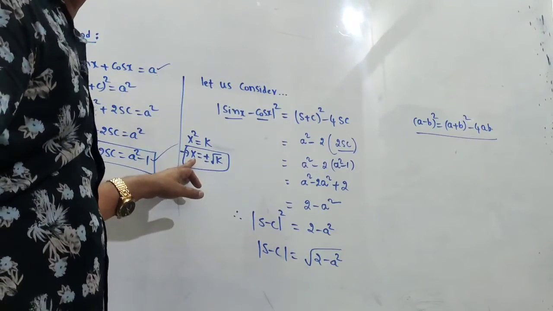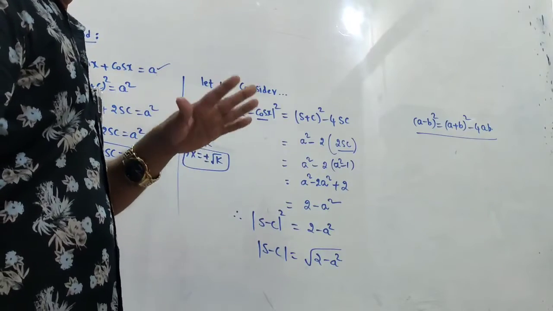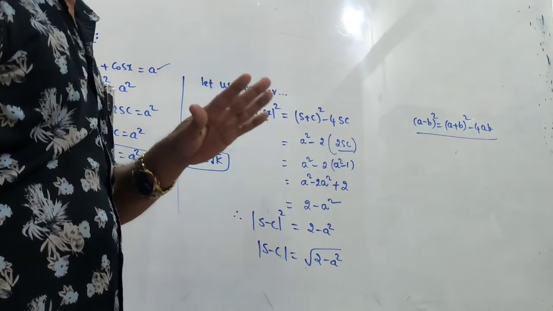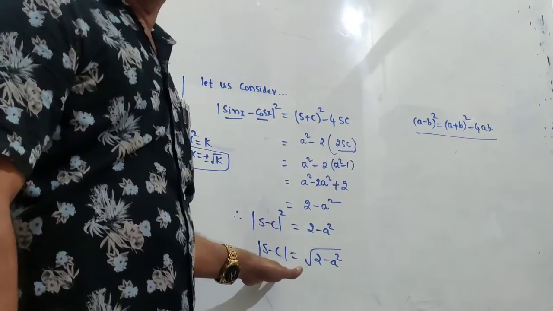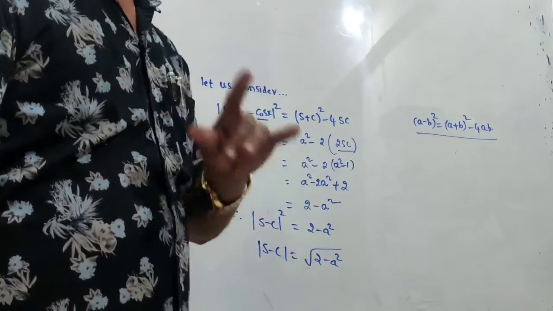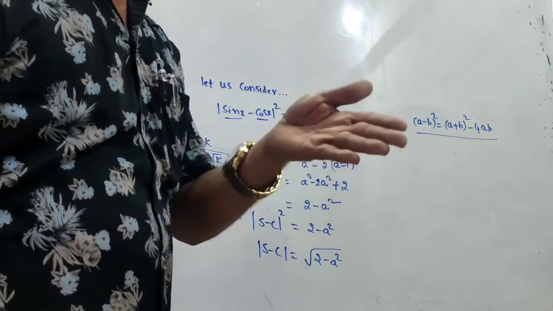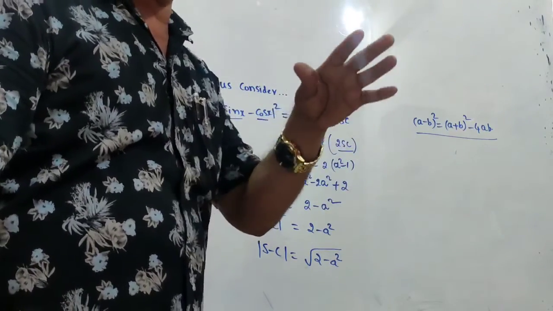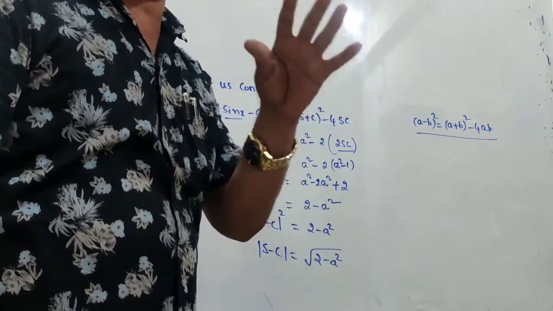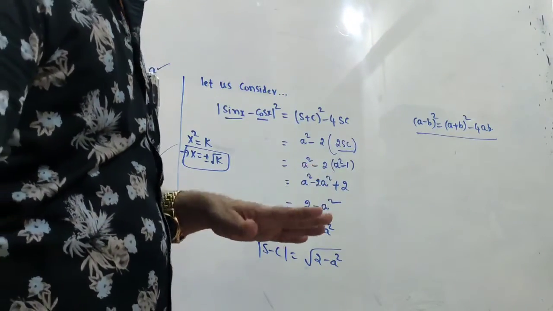And everywhere we should not use plus or minus. Some restrictions are there. In the left hand side, mod is there. Mod means it is always positive. Already I explained everything in the functions about the definition of modulus function, range, codomain, domain, graph, everything. Understand? Hence the problem.